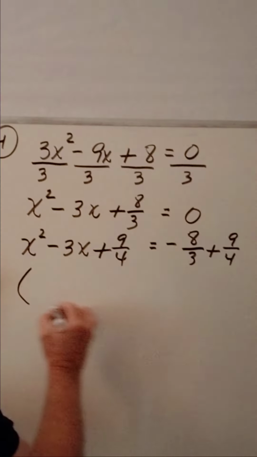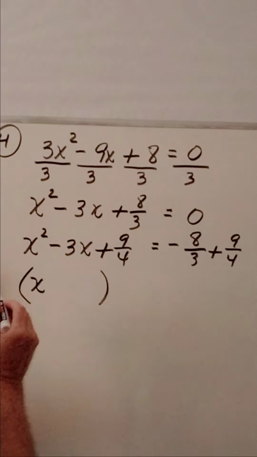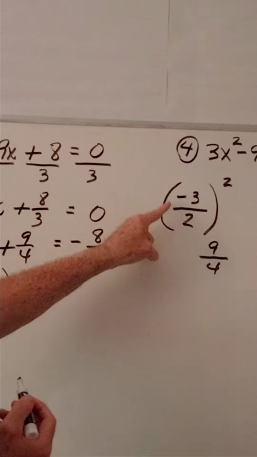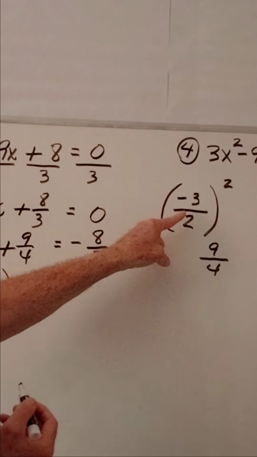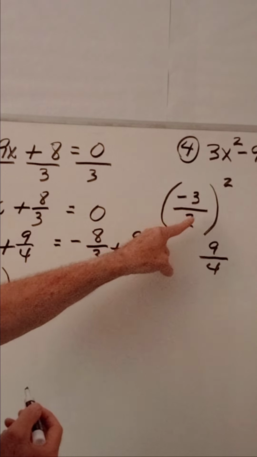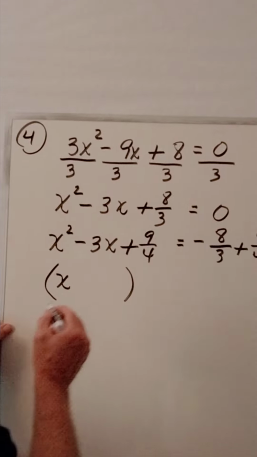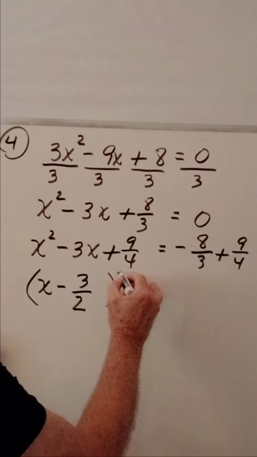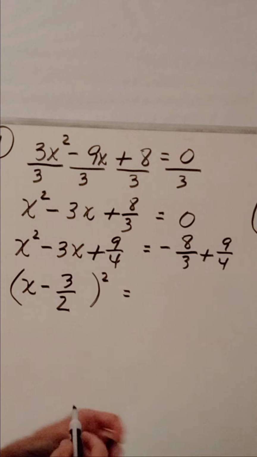And the binomial square that we'll derive, we'll start off with x, go right over here to this quantity that is in the parentheses, not him, this guy. He becomes our second term of our eventual binomial square. Negative 3 over 2, that squared is equal to this result right here.